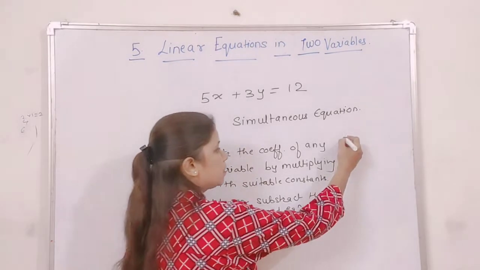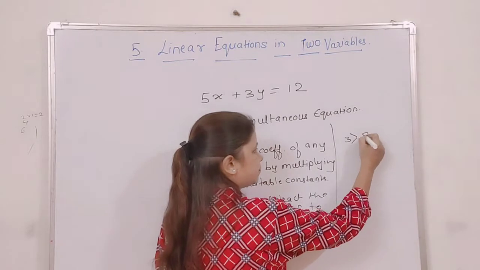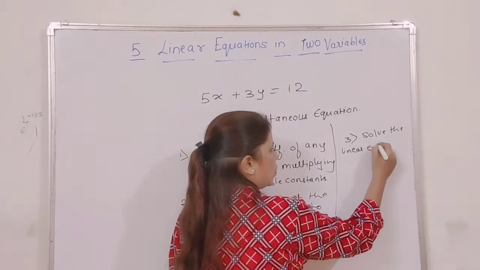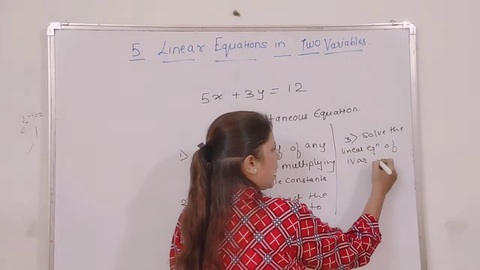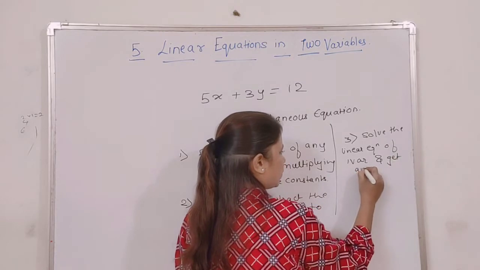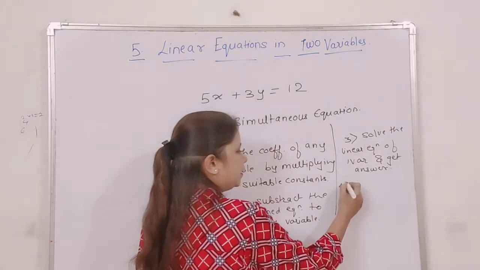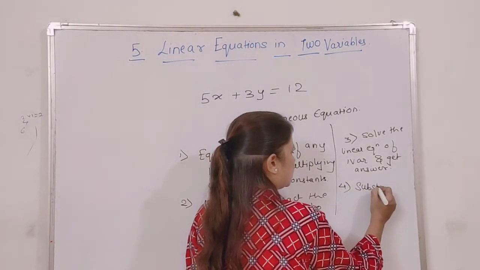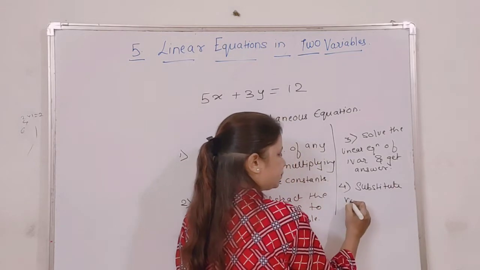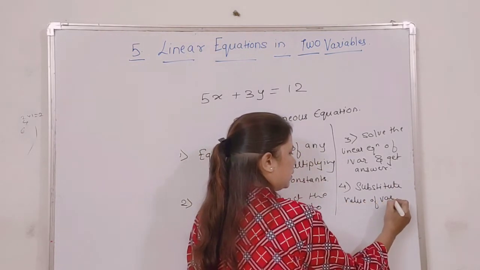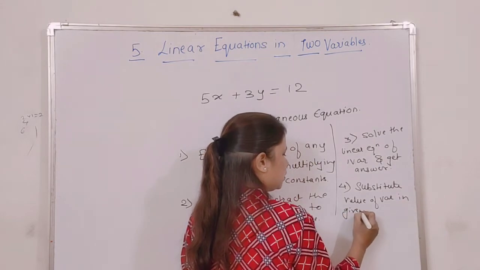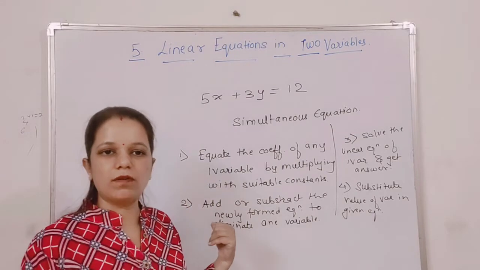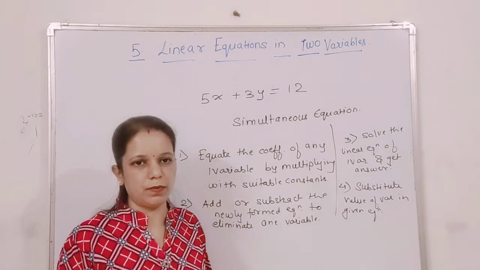Then the third step is we solve the equation of one variable and get the answer. And then the last step is we substitute the value of the variable in the given equation. So these are some brief steps which I have written while solving linear equations in two variables.